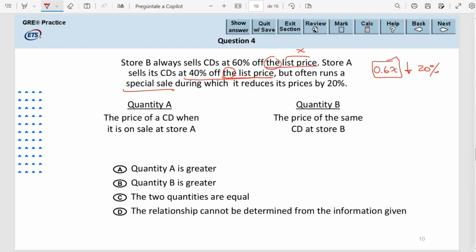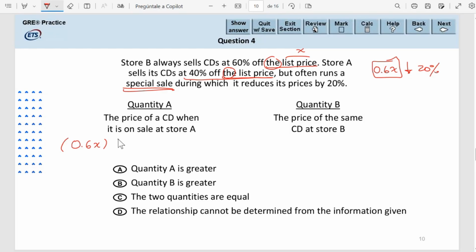Okay, so let's see this. Quantity A refers to the price of a CD when it's on sale at Store A. We know that the normal price Store A sells its CDs at is 40% off the list price. In other words, if we said the list price was X, the normal price is 0.6 times X. But if this store is on the special sale season, they will reduce their prices by an extra 20%.